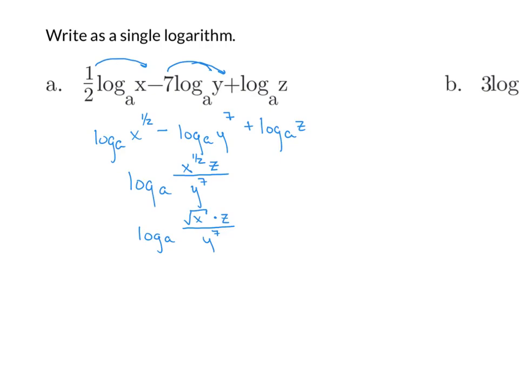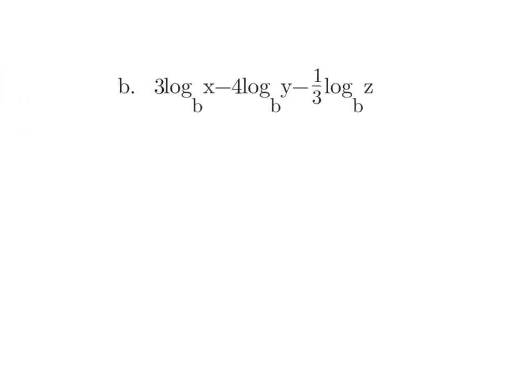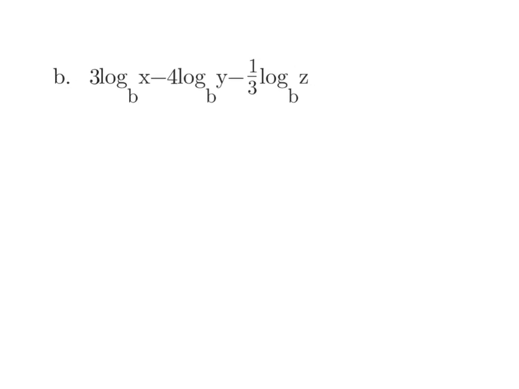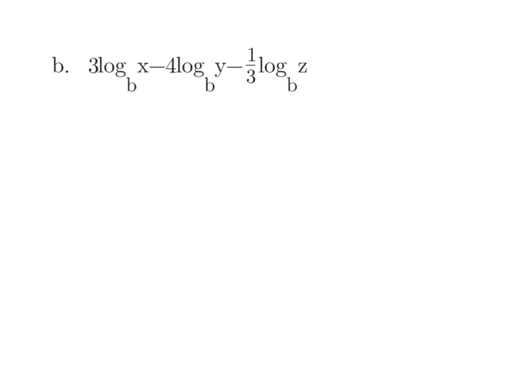Okay, let's try one more. For example B, we have 3 log base b of x minus 4 log base b of y minus 1/3 log base b of z. So again, same thing, we're going to move all of our coefficients up to be exponents.